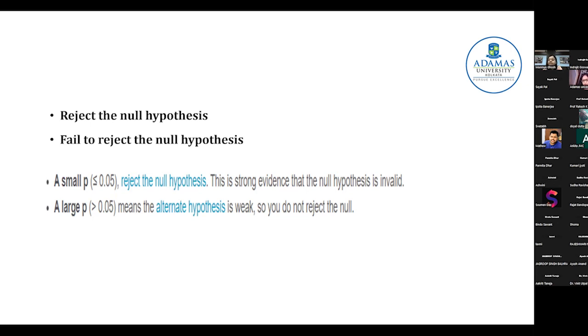But it has to be rationalized with a proper rationale, and that rationale has to be in tandem with the current literature, or the work that has already happened in that area.